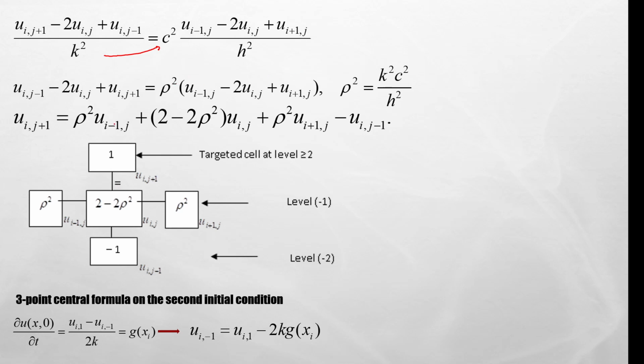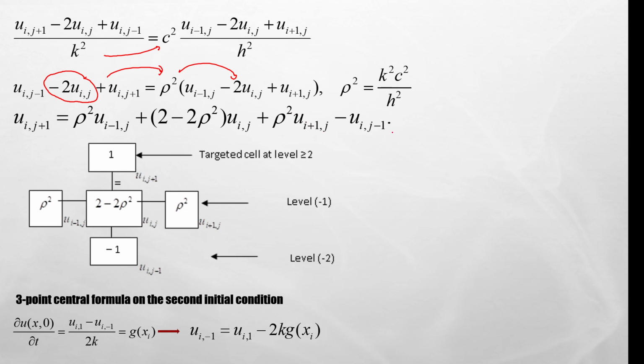So you have rho squared u_{i-1,j}. That's why the coefficient of the middle level is rho squared u_{i-1,j}. And then when you expand this one, you have minus 2 rho squared. Collecting the u_{ij} together, minus 2 u_{ij}, so it becomes 2 minus 2 rho squared u_{ij}. And u_{i+1,j} multiplied with rho squared, so it's plus rho squared u_{i+1,j}.